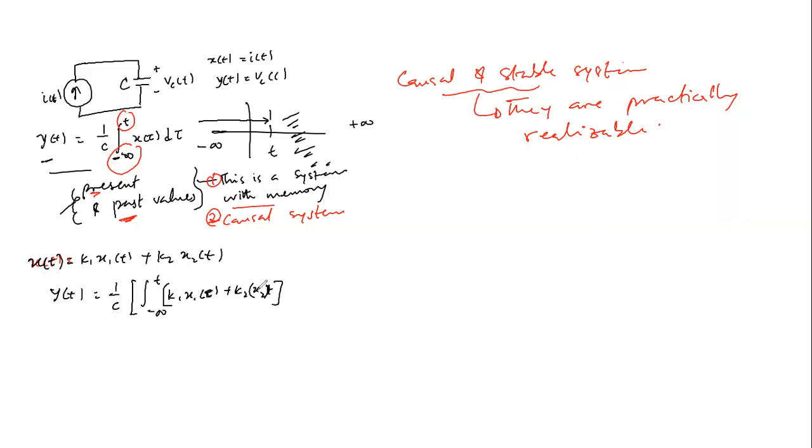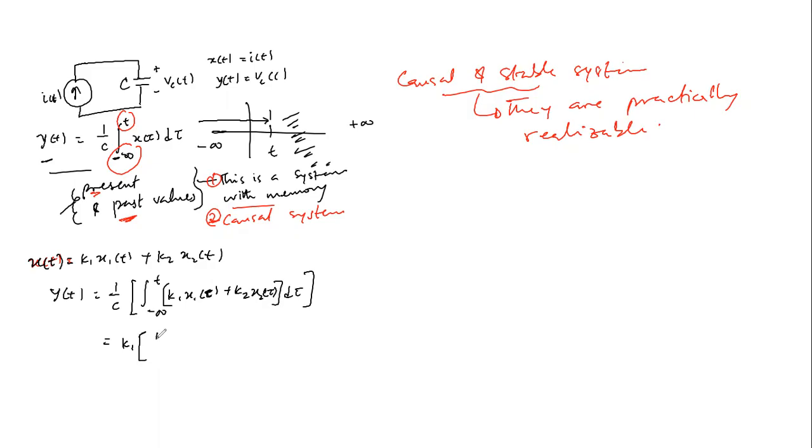tau, S2 of tau, K2 tau d tau. Okay. Then we're going to have to bring out k here.